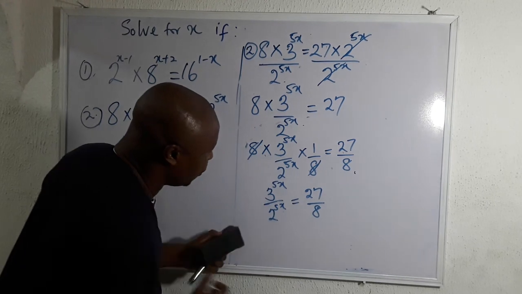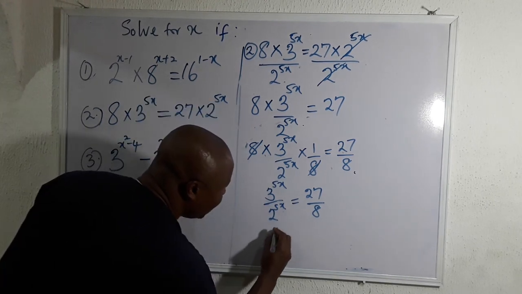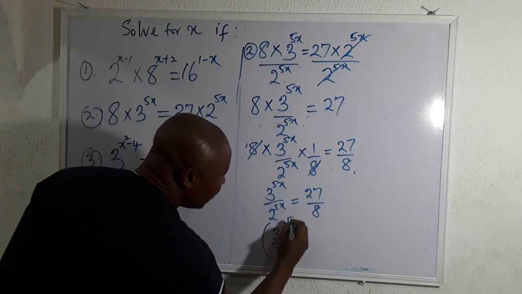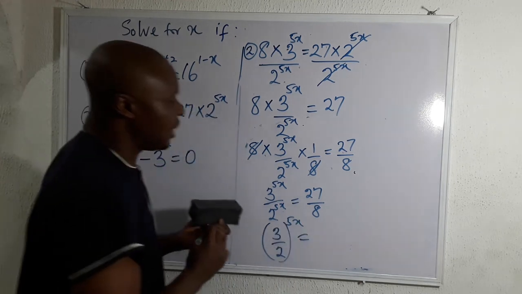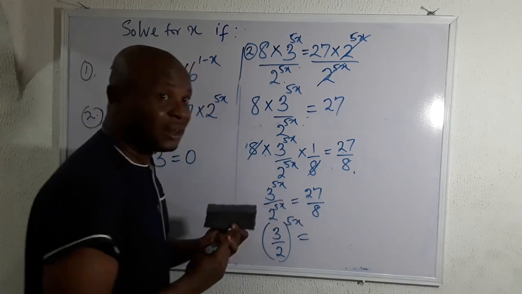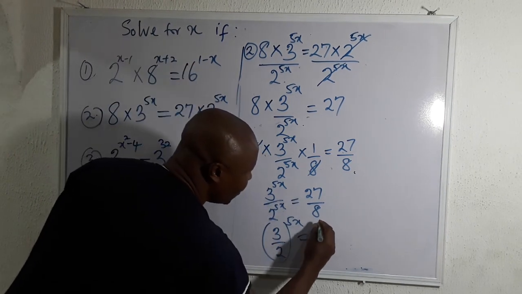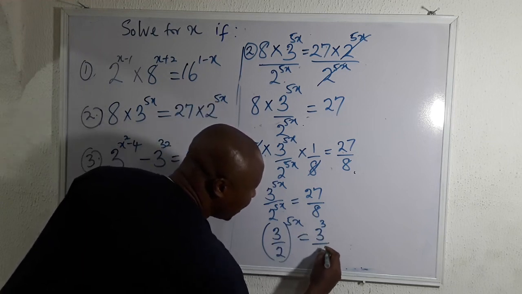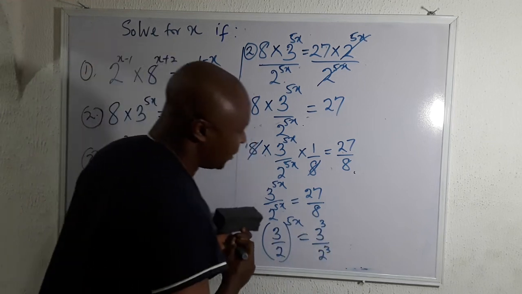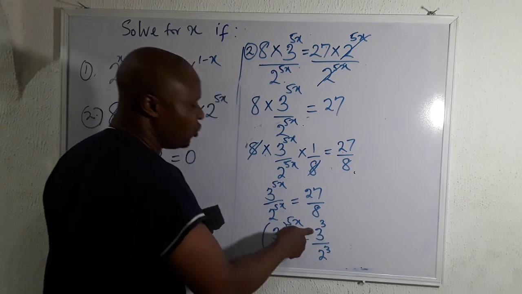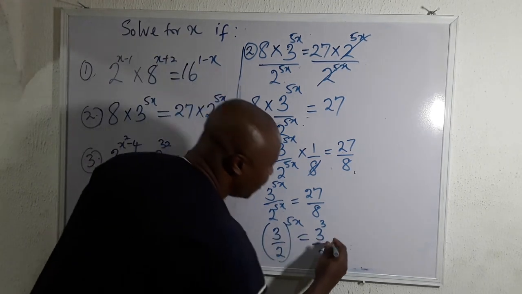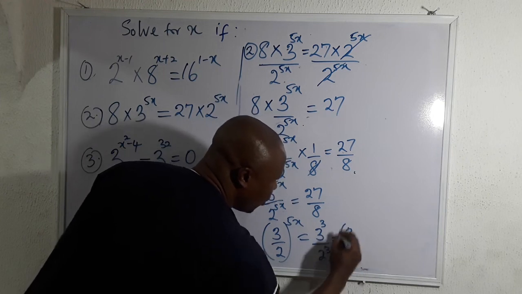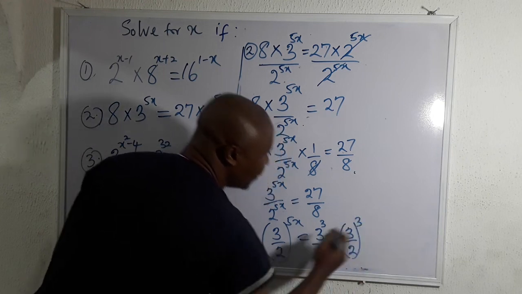So when we apply that law, we have 3 over 2 all raised to power 5x is equal to, now 27 can be written as 3 raised to power 3, 8 can be written as 2 raised to power 3. So again, we have the common power at both the numerator and the denominator, so we can rewrite that as 3 over 2 all raised to power 3.